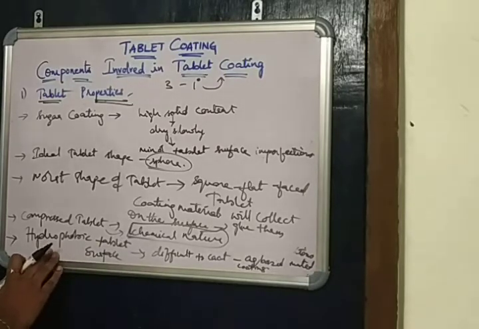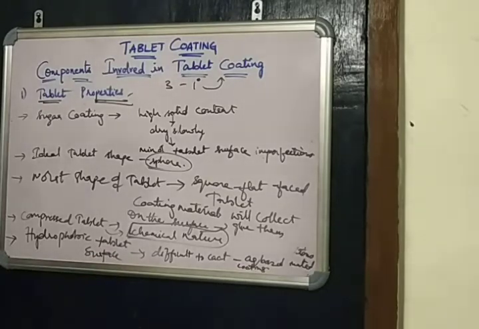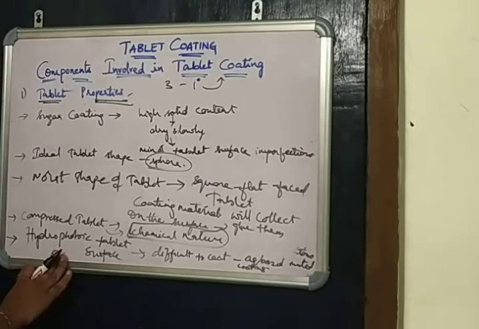Hydrophobic means water-hating, which is why it is difficult to coat with aqueous-based coating material. For this, the composition of the coating formulation is adjusted by the addition of surfactants.